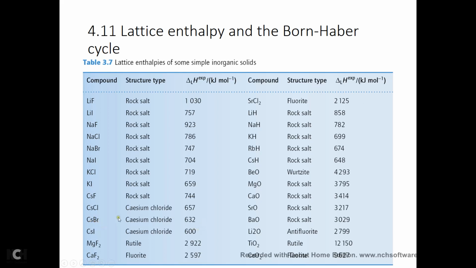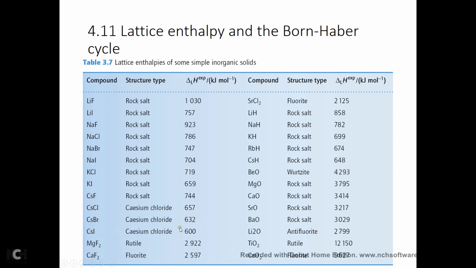Also, if you compare cesium fluoride, chloride, bromide, and iodide, realize this: fluoride is smaller than chloride, chloride is smaller than bromide, and bromide is smaller than iodide. Then we know the distance between cesium plus and fluoride is smaller than that in cesium chloride, cesium bromide, and cesium iodide.